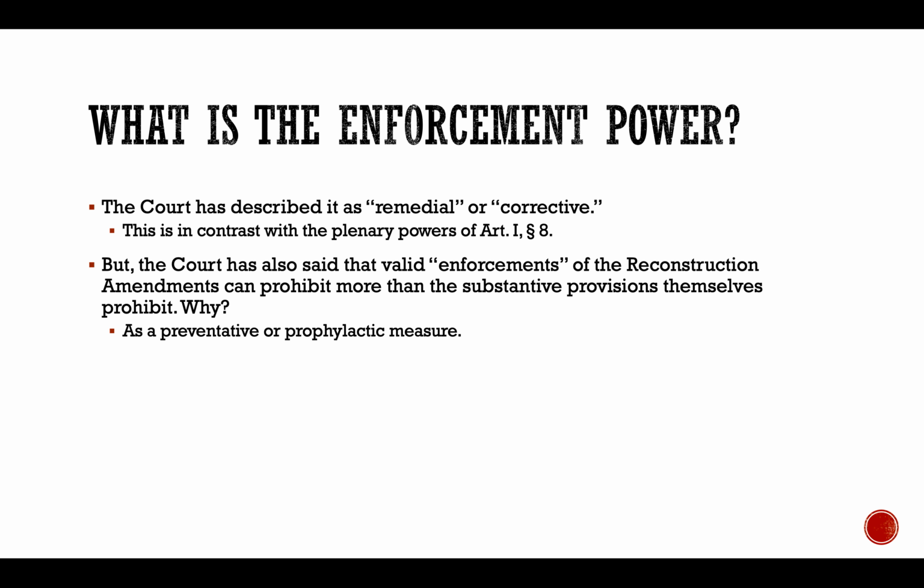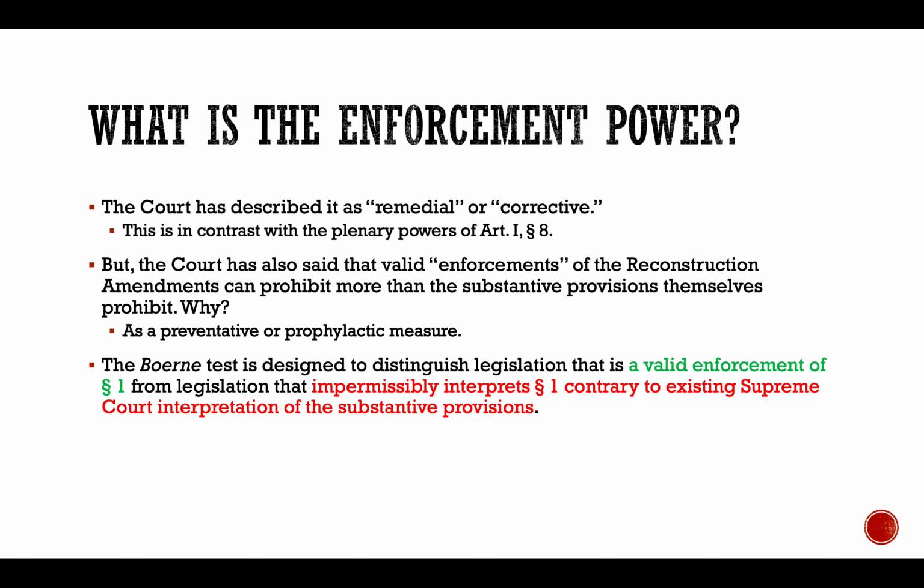But Congress might decide that the best way, the most efficient way, again, think to a necessary and proper type analysis, the best way to accomplish that protection of the Section 1 rights is to do a little more, is to not just tell a state you can't violate equal protection, but to put up some other impediments in the way of the states to make sure that they don't violate the prohibitions contained in Section 1.